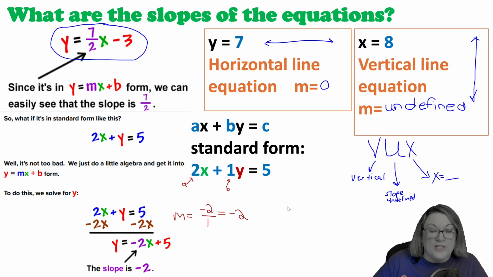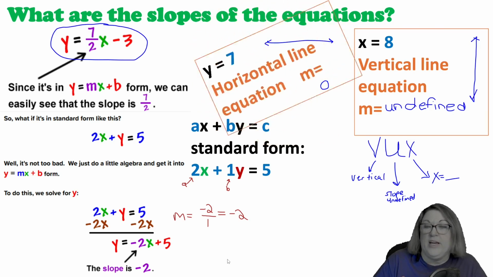So standard form, here's another example of standard form. And they've changed this into slope-intercept form and found the slope that way. So if you're confused about how they changed it, I will have that in a separate video. So just watch the converting video.